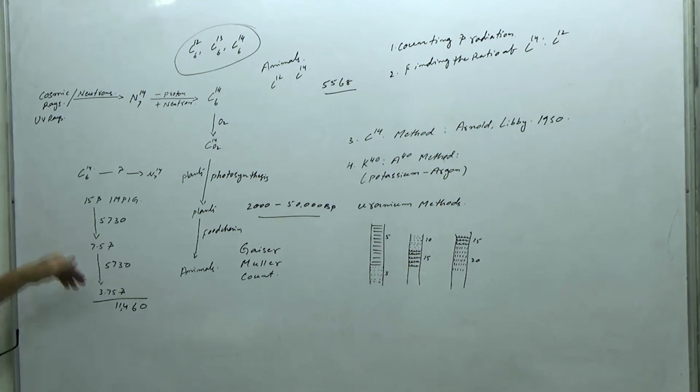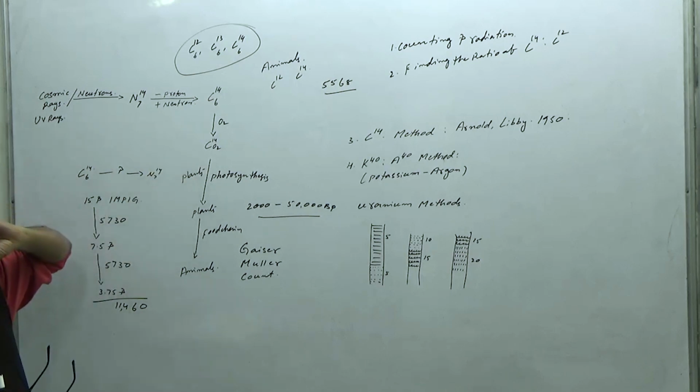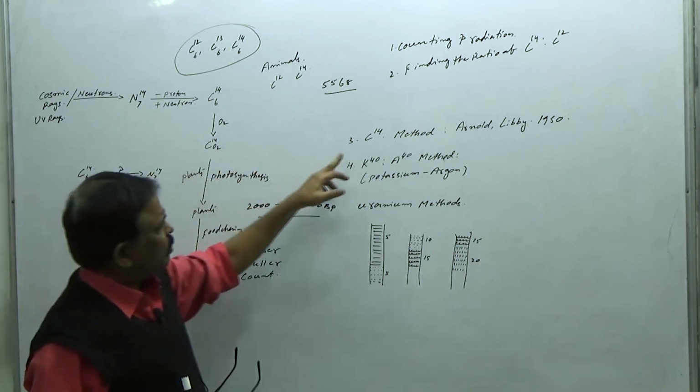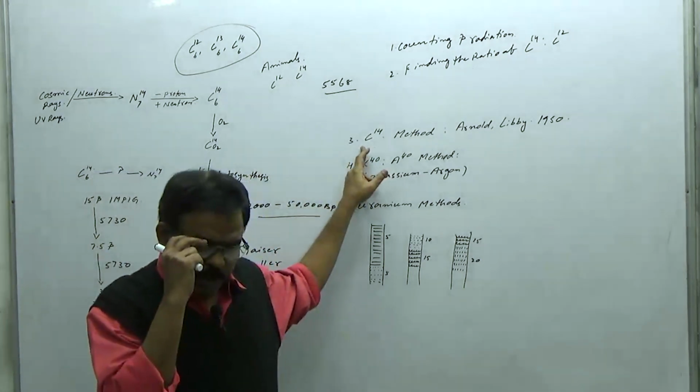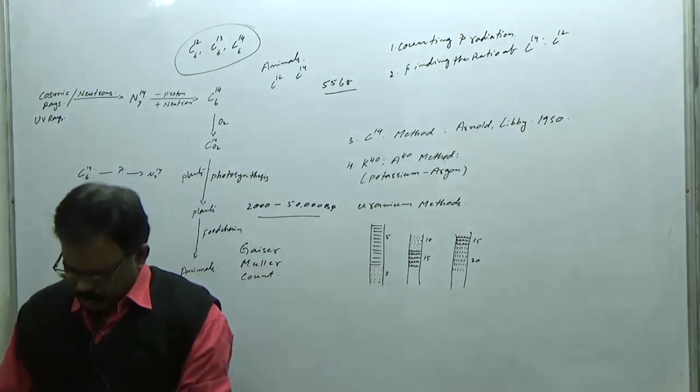Next, again half of that. Something like that, this C14 method goes on. It's not just one method. Here two methods are there.